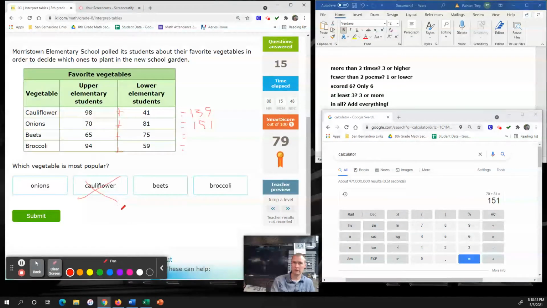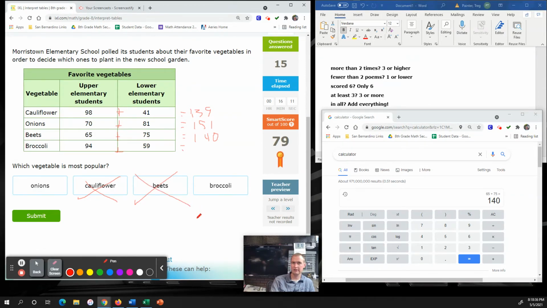So cauliflower for sure is out. Next, we're going to the beets. Reminds me of the headphones, but we're talking about just the beets. Let's see, 65 plus 75 takes us to 140. And as you can see, the onions are still tasting better than the beets, so the beets are out.